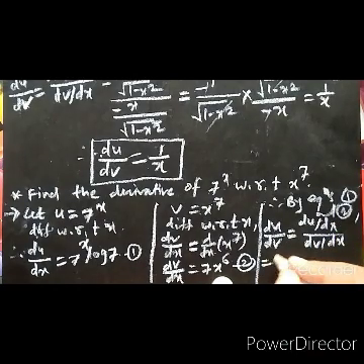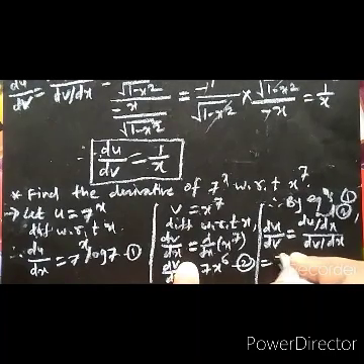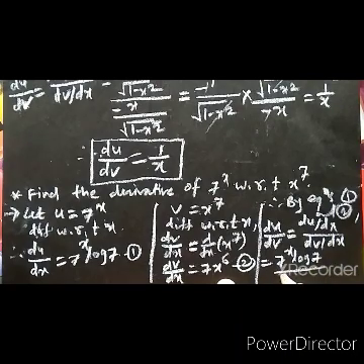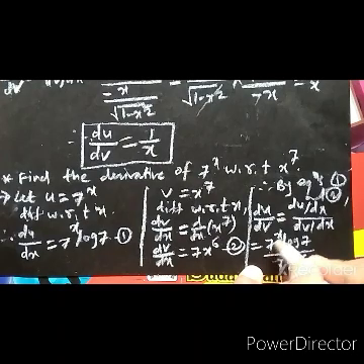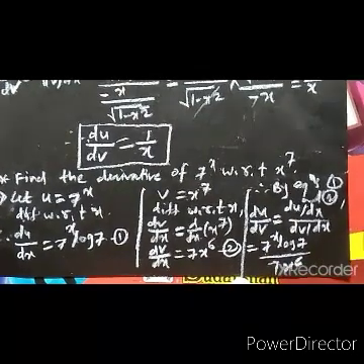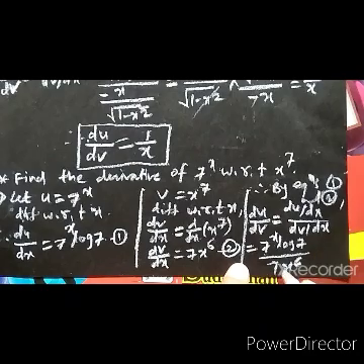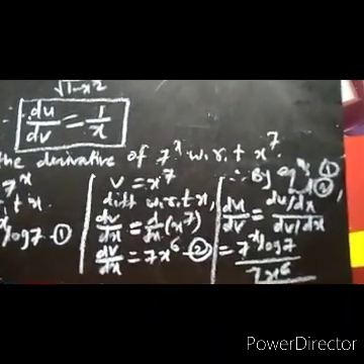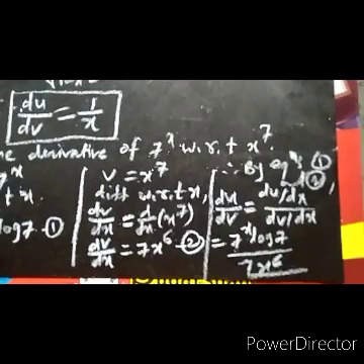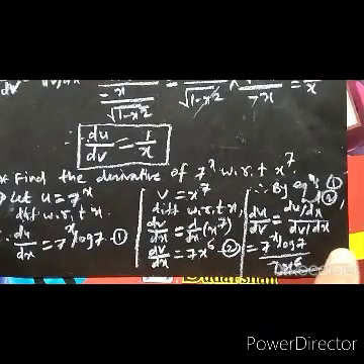Now we put the value du by dx, that is 7 raised to x log of 7, upon 7x raised to 6. Now here we can't cancel this 7 because 7 raised to x is there, so keep it as it is. This is the derivative of u with respect to v, that is 7 raised to x log of 7 upon 7x raised to 6.